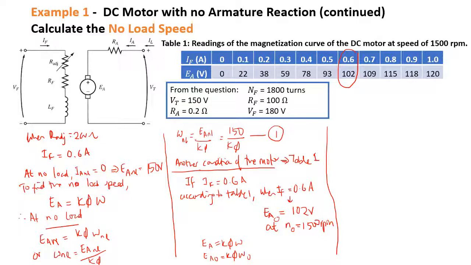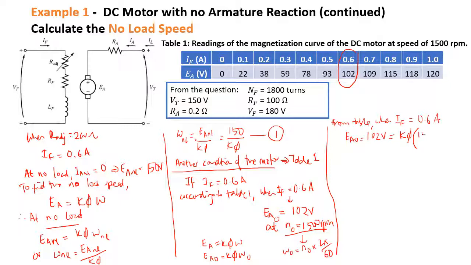So from the table, when IF is 0.6 ampere, EA0 is 102 volts, which is equal to K flux omega 0. Now we need to convert N0 into omega 0, which is N0 times 2 pi over 60.